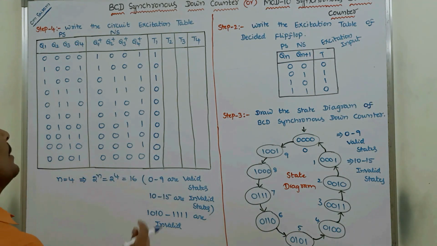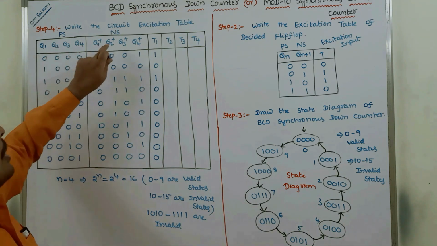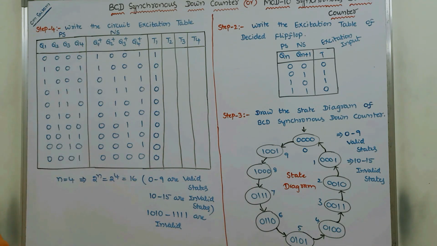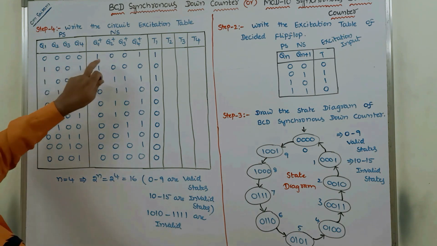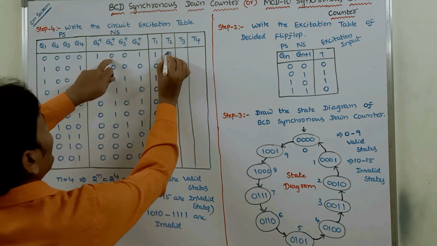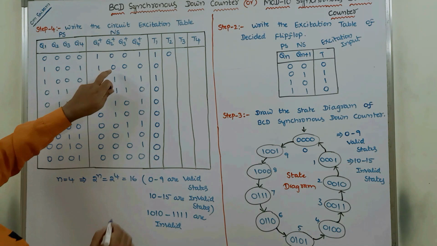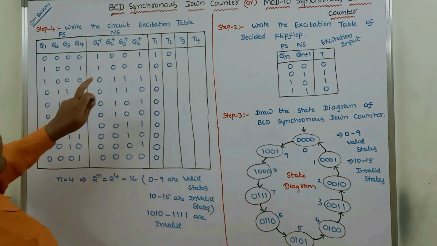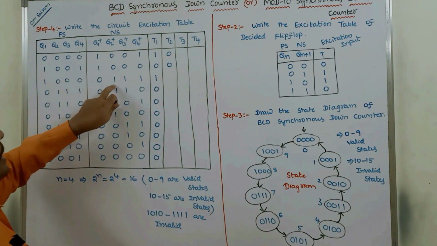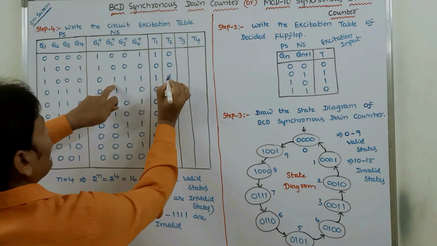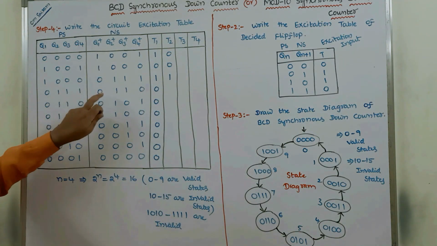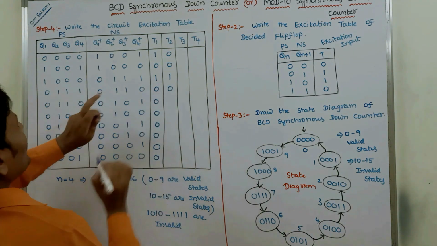Next, for filling T2 column, we have to consider Q2 and Q2 plus as inputs. Here 0, both bits are same, T2 value is 0. Here 0, 1, both bits are different, T2 value is 1. Here 1, both bits are same, T2 value is 0.